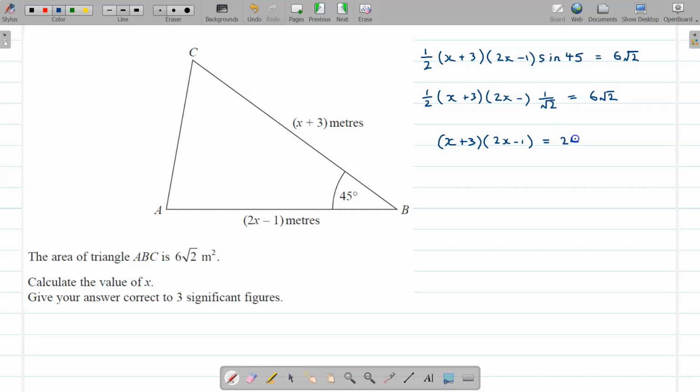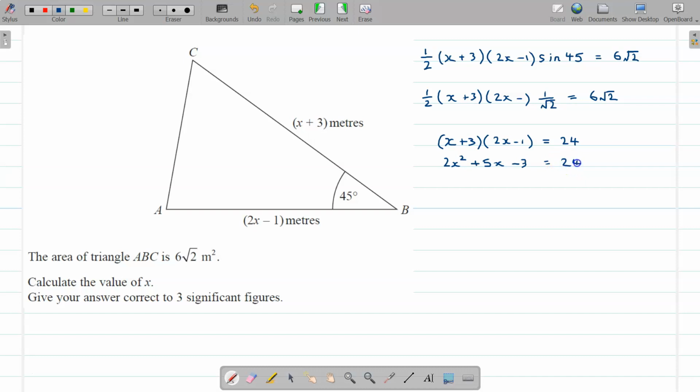So I now need to expand the bracket, so I get 2x squared plus 6x minus 1x, so it's plus 5x minus 3, and that comes to 24.